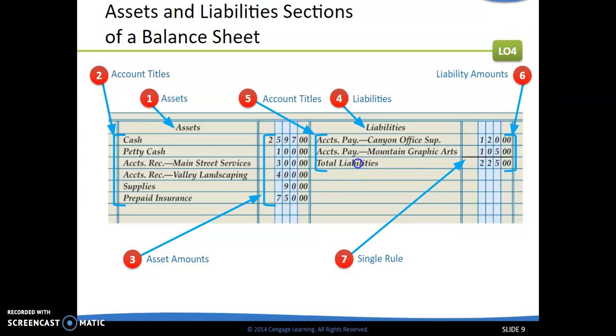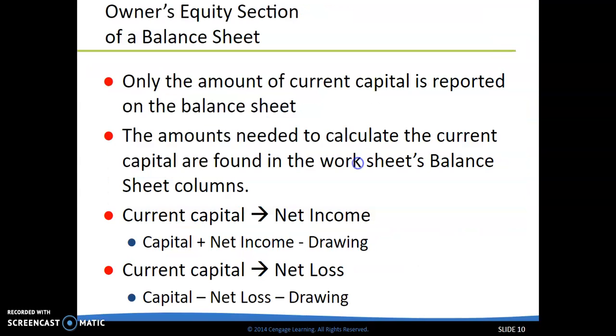Then what we're going to do is we are going to indicate the capital. Now the capital, and I repeat, the capital cannot be taken right from the worksheet. You need to figure out what the current capital is. This is the biggest mistake that people make on the balance sheet.